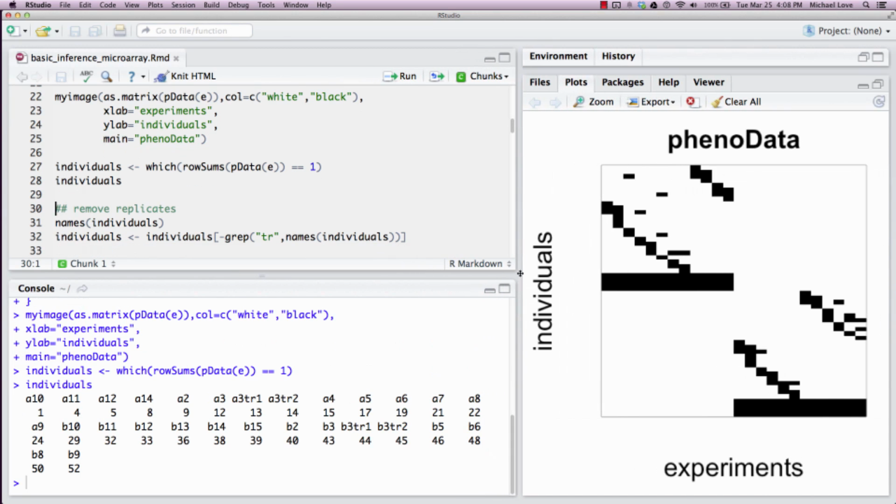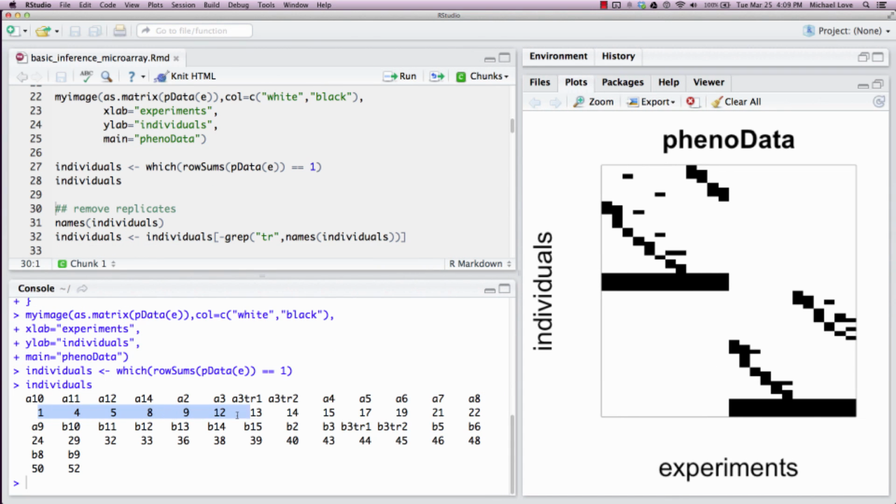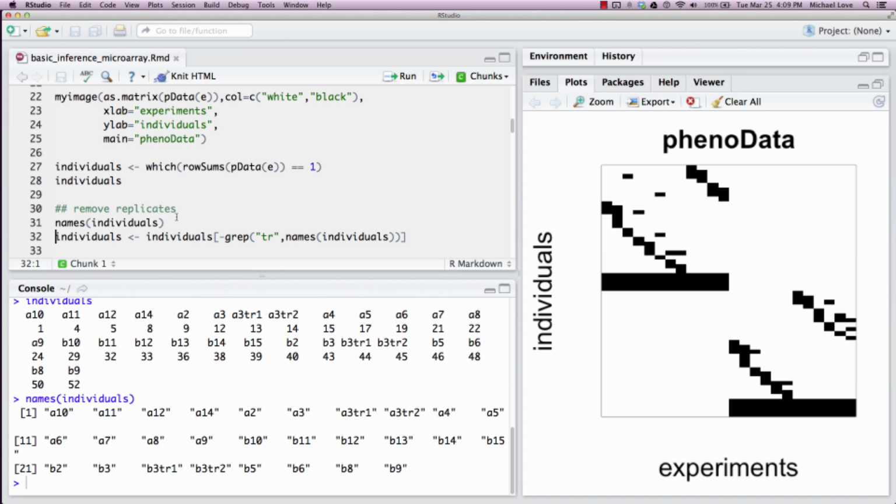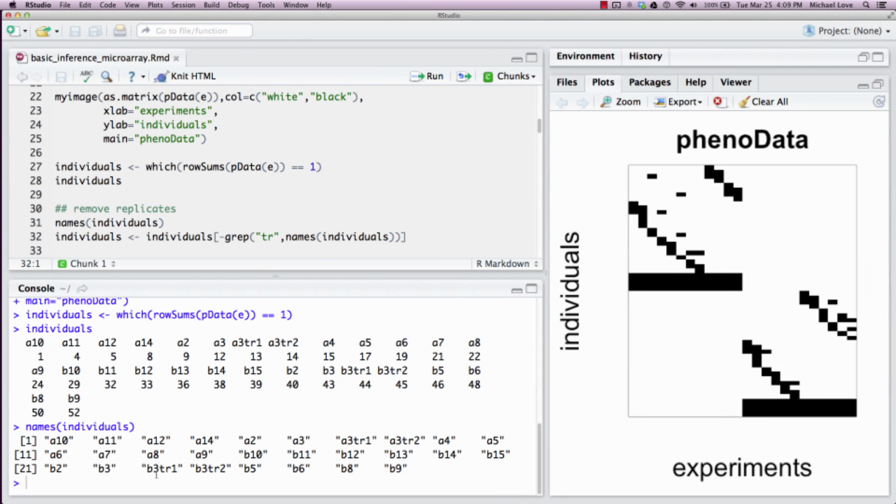So these are rows of the expression set which are not pooled. And then we can furthermore remove the replicates, because there are some of these which we have multiple replicates of the same experiment. And for the analysis we want to do further down below, we just want one sample per experiment.